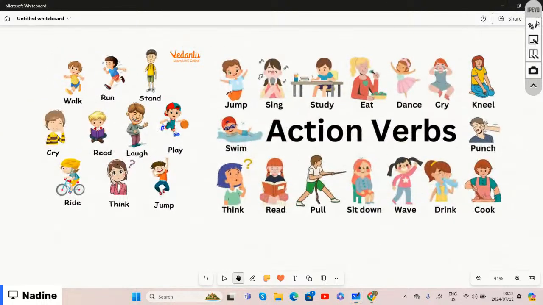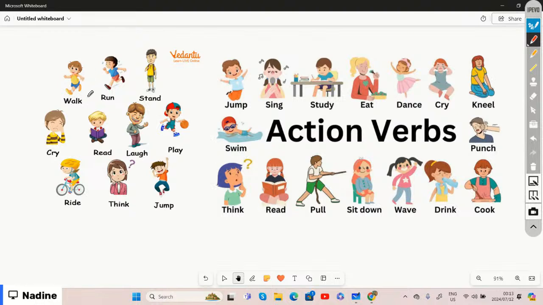Here we have a few more action verbs. It's something that someone is doing.